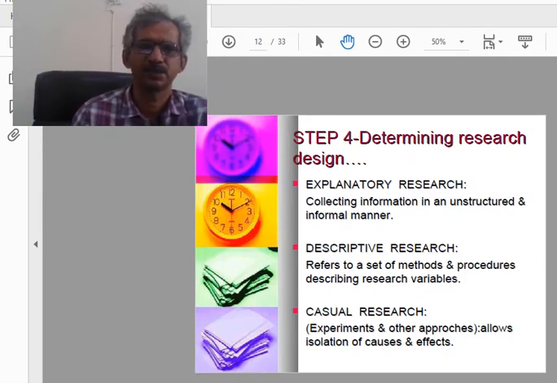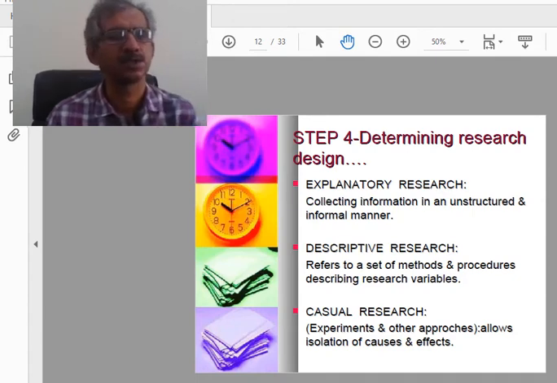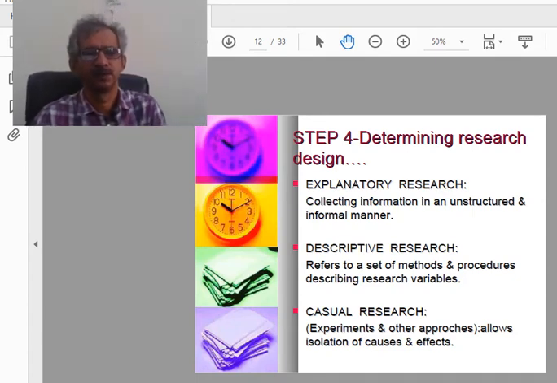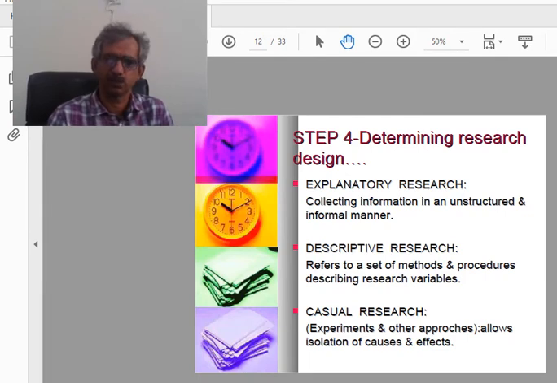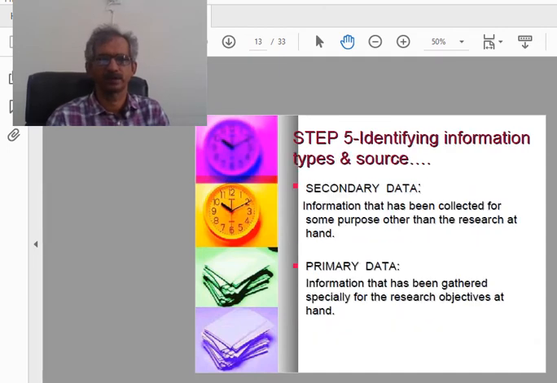In descriptive research, we use a set of methods and procedures to describe the research variables present in that research. Then the third one is causal research, meaning experiments and other approaches. In this type of research, researchers conduct experiments, which allow isolation of the causes and effects.